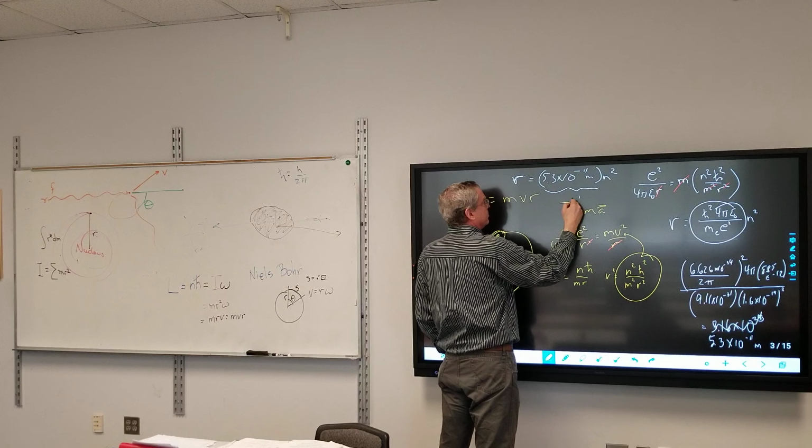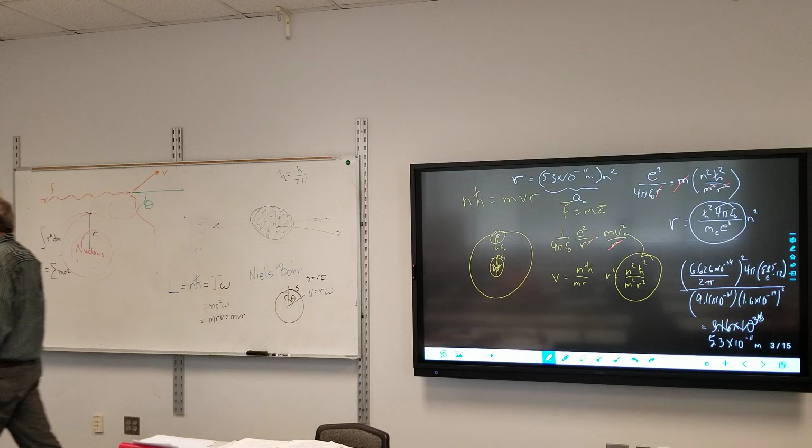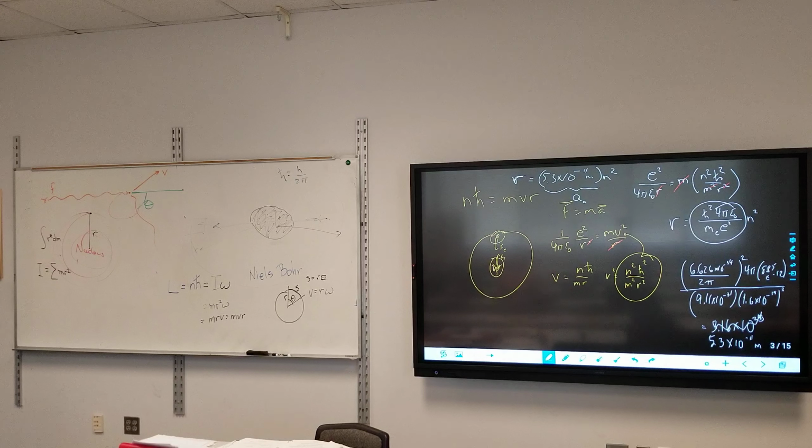This number right here is generally represented by a sub 0. If you've had chemistry, they've talked about quantum numbers in chemistry. n is the first quantum number. It's the shell.